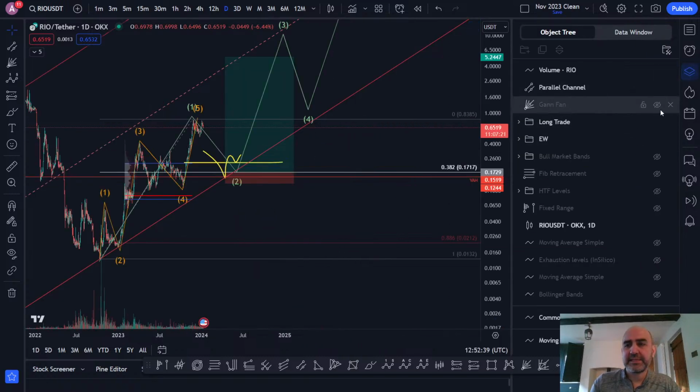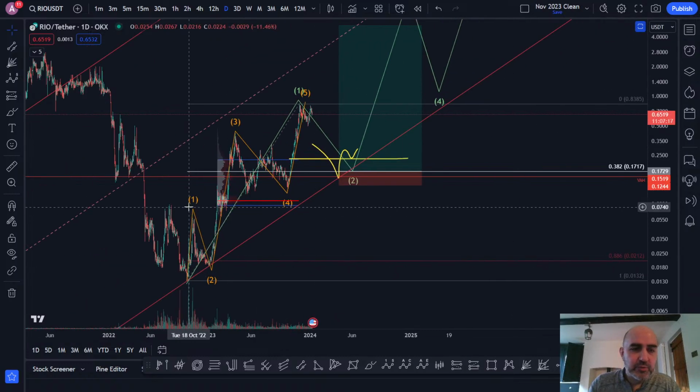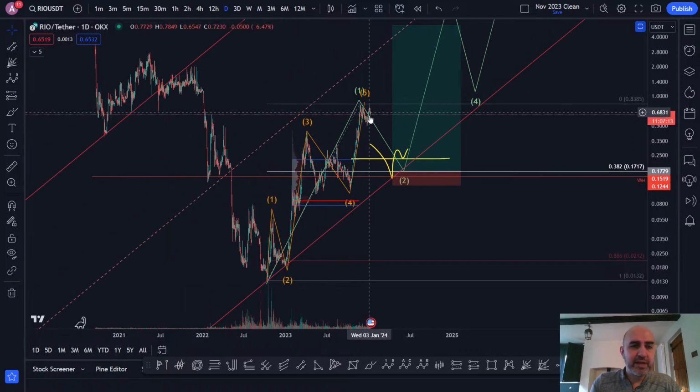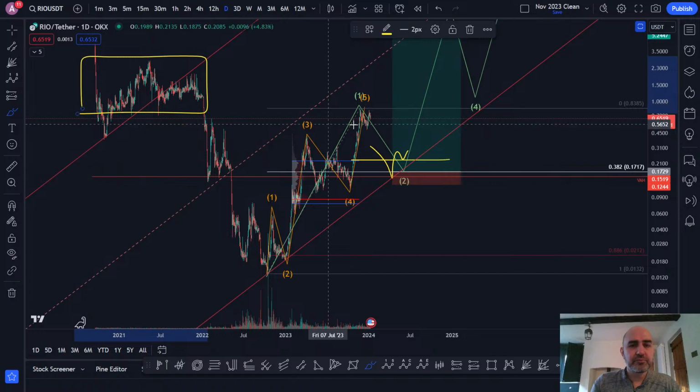And so what I'm seeing right now is a wave 1, 2, 3, 4, 5. And the reason why I think this could be the end of the 5 is because we're into resistance now, which is the value area low of this previous range and the golden pocket of the whole range.